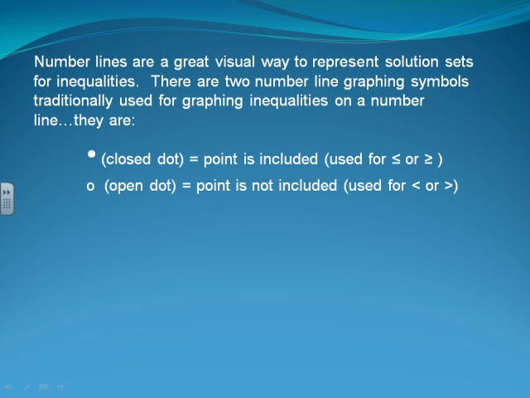And then there's an open dot representation where the point where the open dot is located is not included, but is rather a starting point. And open dots are used for less than or greater than inequalities.